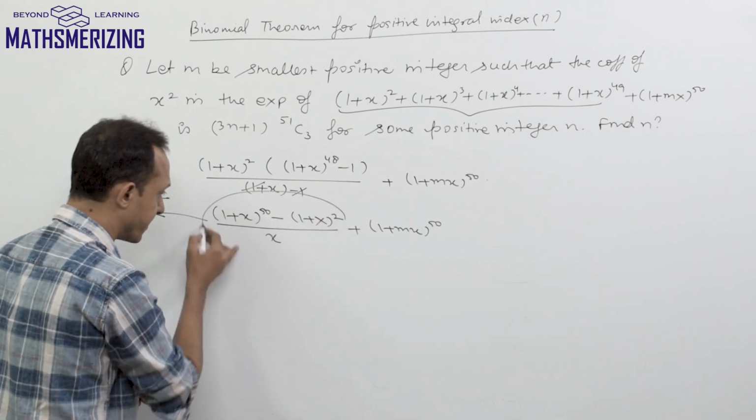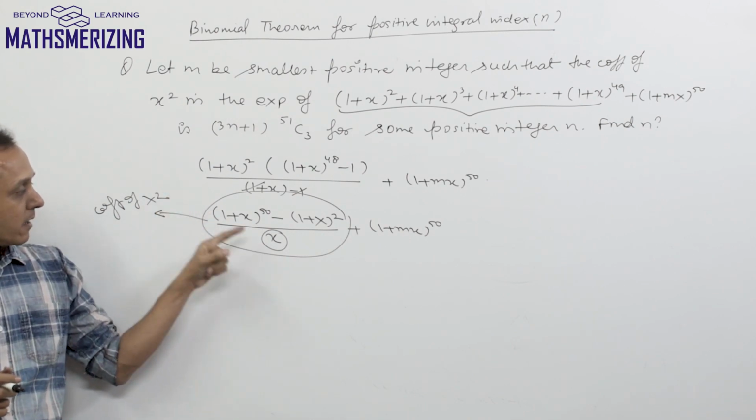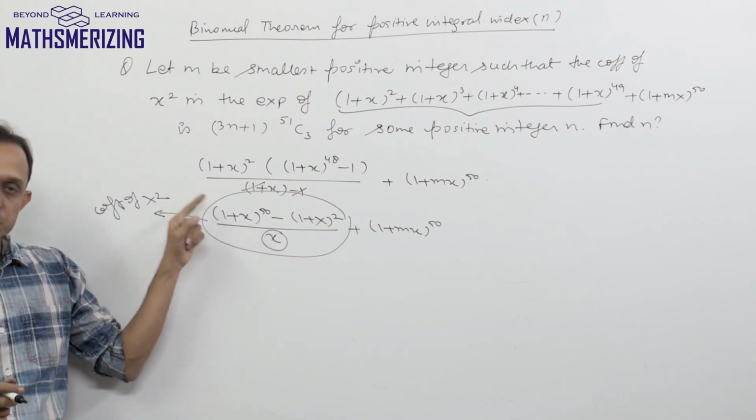Now from this first expression, I have this x in the denominator. So if I get x^r, I'll reduce it by 1, so I'll eventually get x^(r minus 1).